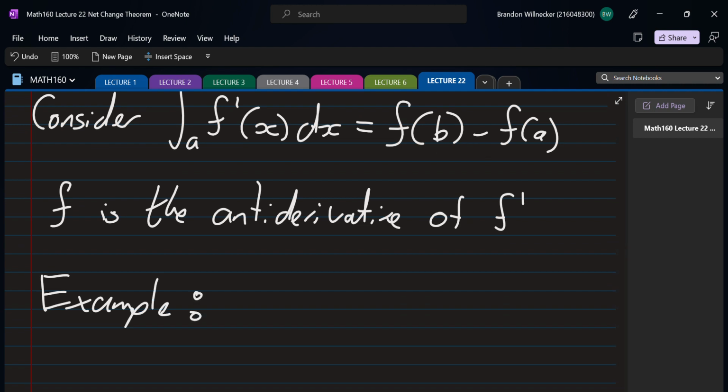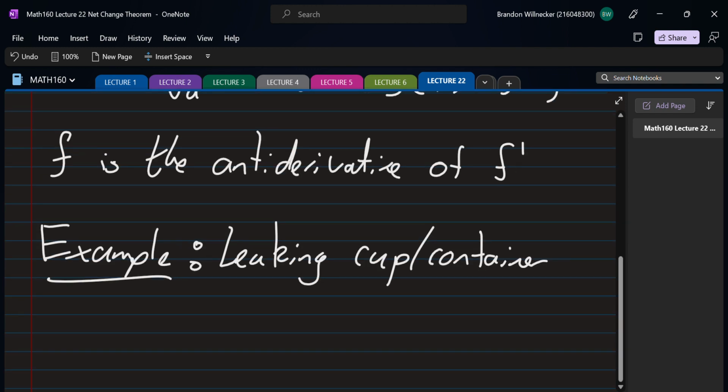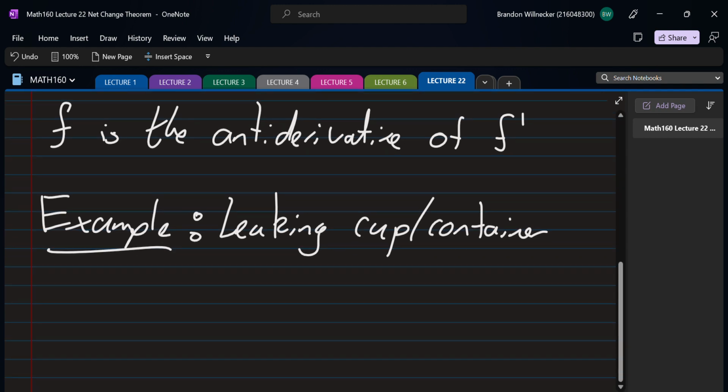Okay, so the first example is a leaking container. So let's say we have a leaking cup or container. Okay, it doesn't matter what you're considering. So we have some sort of container filled with water, there's a hole in it, and it's leaking. So let's say the rate of change of the volume, or the rate at which it's leaking, is given by some function.